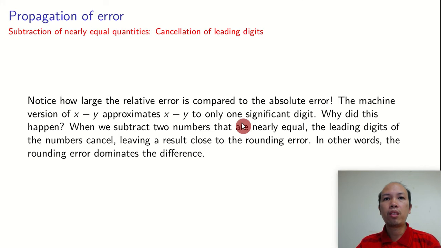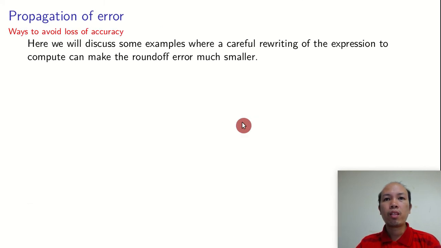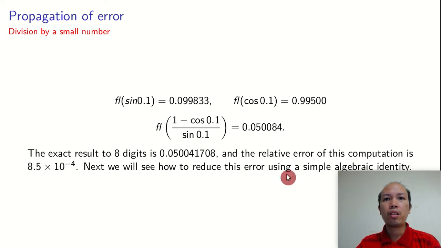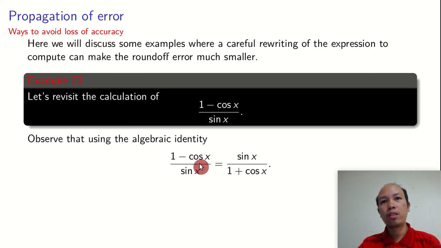So what if we apply a simple algebraic identity like this one here? What is this method?